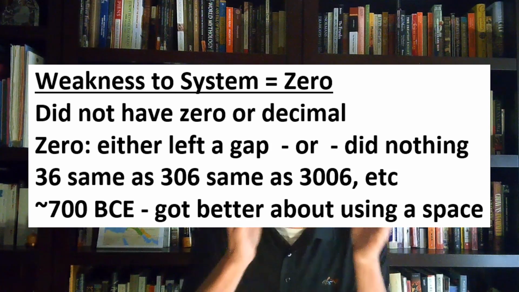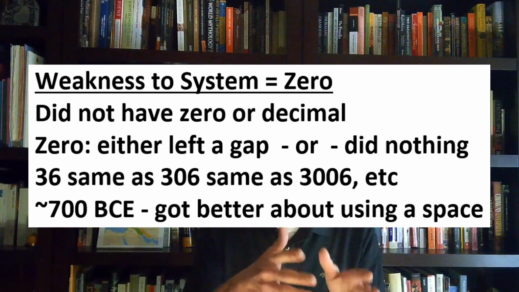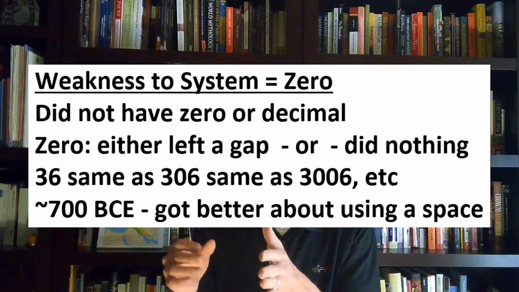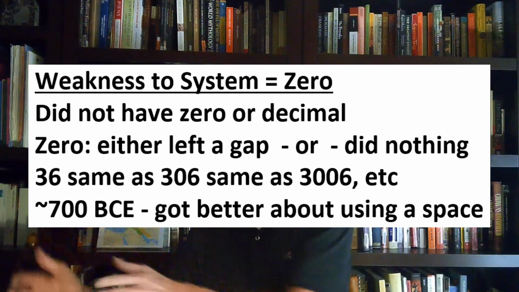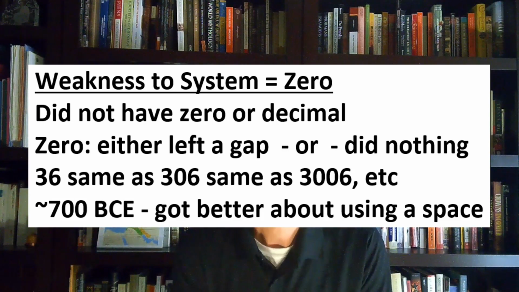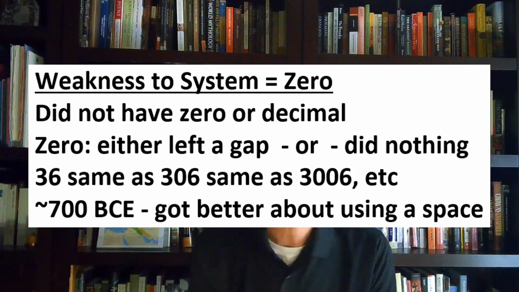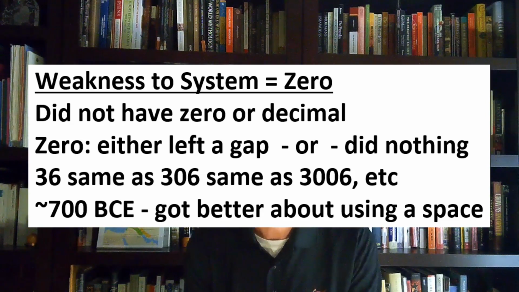So like, let's take the number 36 in cuneiform would be written the same as 306, which would be written the same as 3006, and you just have to know what you're dealing with based on context. So this zero system that we use was not really fixed until the Arabs brought us the Indian system in 700 or so of the Common Era.